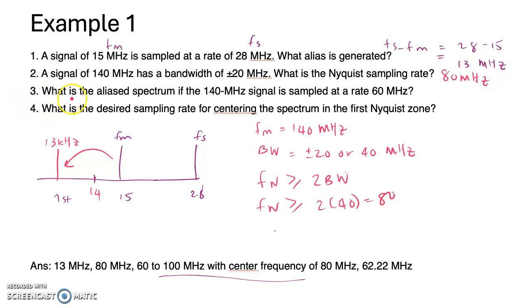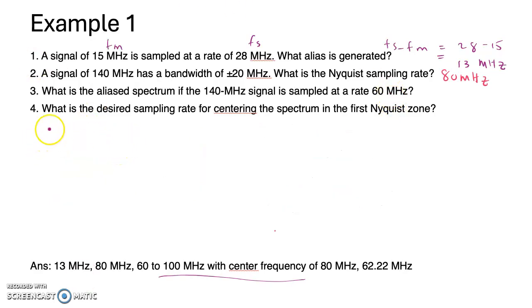Number 3: what is the alias spectrum if the 140 megahertz signal is sampled at a rate of 60 megahertz? Now we have to use the equation Fs equals 4Fm over 2Z minus 1. Here we know that the rate given is 60 and our FM is 140. We don't know what our Z is. Z is unknown, which means that I actually have to solve for Z. Let's go back.